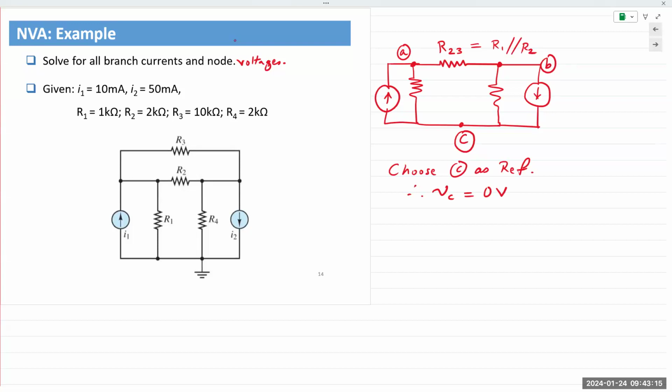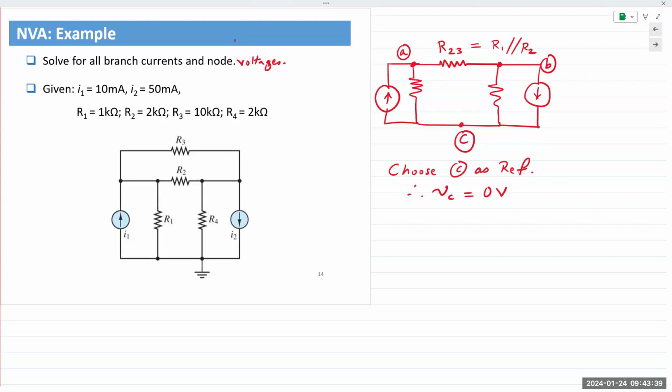Now, at the beginning of the analysis, we have no idea of the resistor voltage polarities. We have no idea of the current directions. In this case, and this is one of the reasons I like this, current I1 is going up, current I2 is going down. So some of the values we choose will end up being negative.